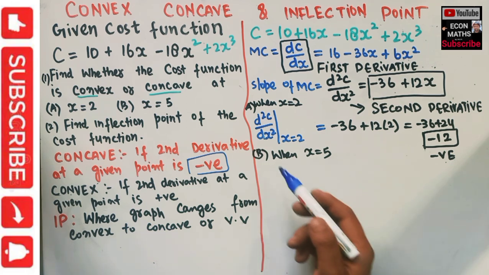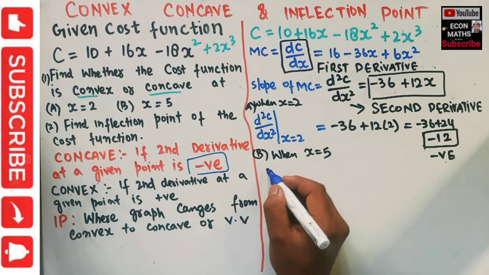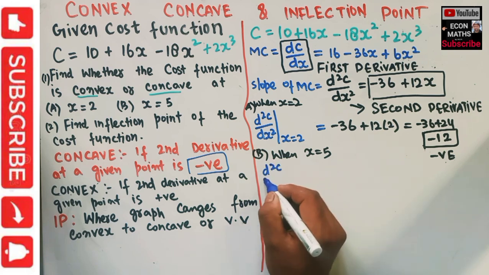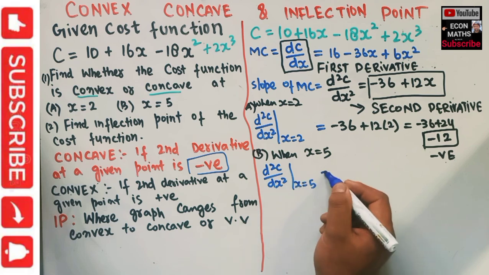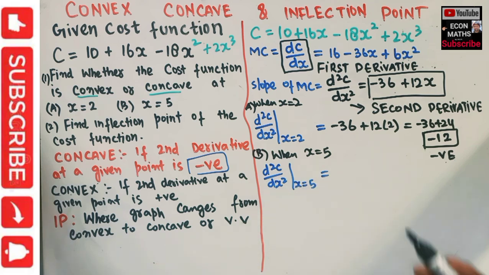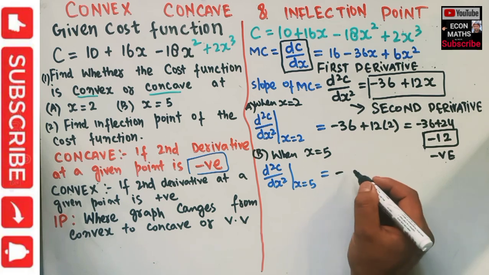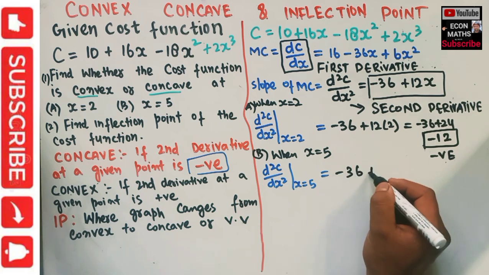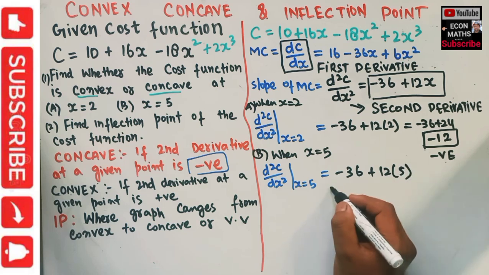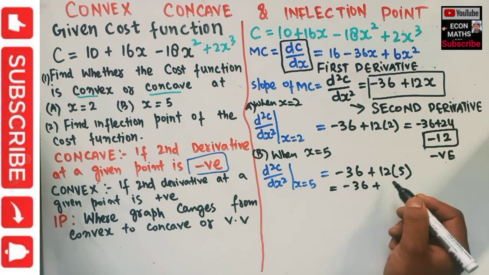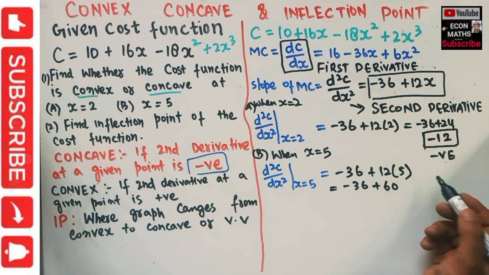So we check it at the second derivative, that means d square c upon dx square when x is equal to 5. Simply plug x is equal to 5 into the second derivative function. So we have minus 36 plus 12, in place of x we have 5. So this is minus 36 plus 12 5s are 60.